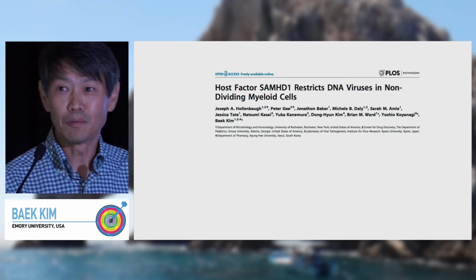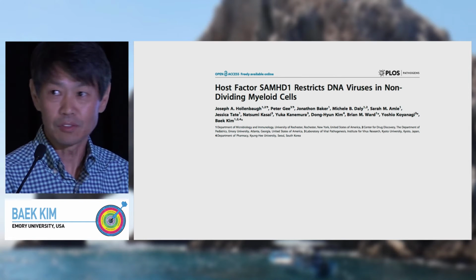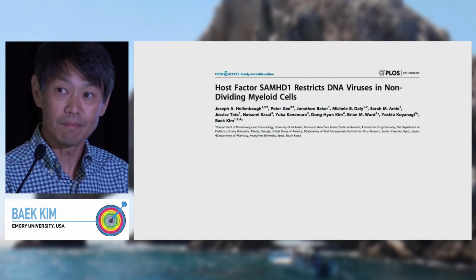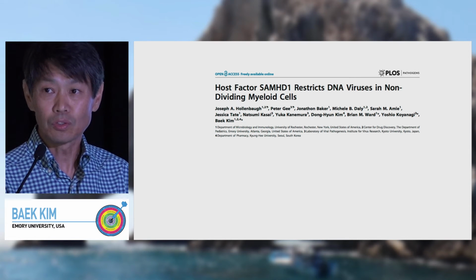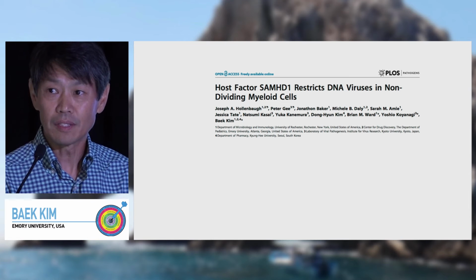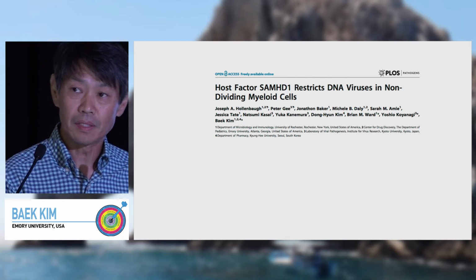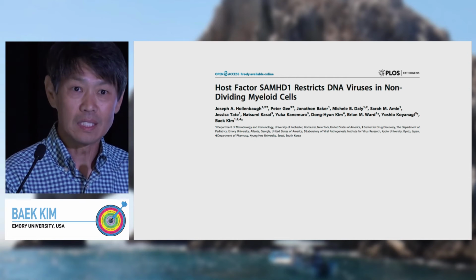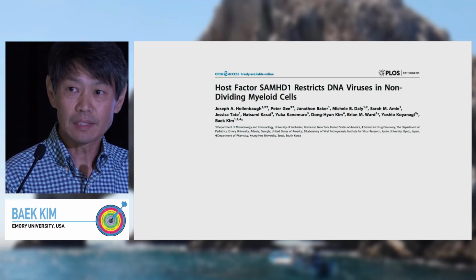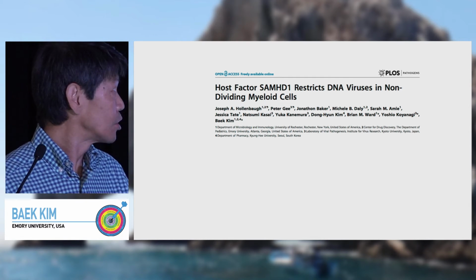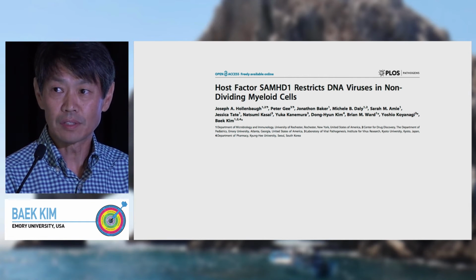It turns out that HIV-1 is not the only virus infecting myeloid cells. There are a lot of double-stranded DNA viruses, such as herpes virus and pox virus, that also infect myeloid, non-dividing cells, and SAMHD1 also controls these double-stranded DNA viruses. The interesting part is that these viruses have their own dNTP biosynthesis machinery, like ribonucleotide reductase and thymidine kinase, but SAMHD1 can still control them in non-dividing cells.